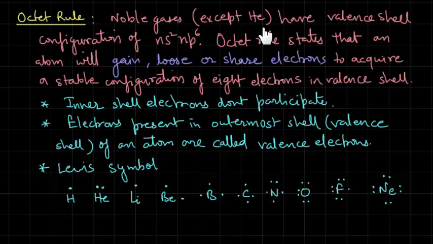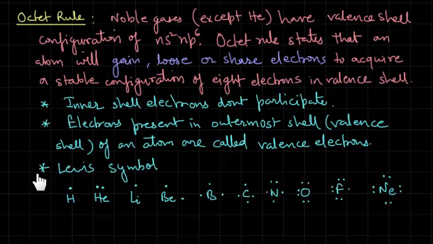Noble gases except helium have valence shell configuration of ns2 np6. The octet rule states that an atom will gain, lose or share electrons to acquire a stable configuration of 8 electrons in the valence shell, which is similar to noble gases.